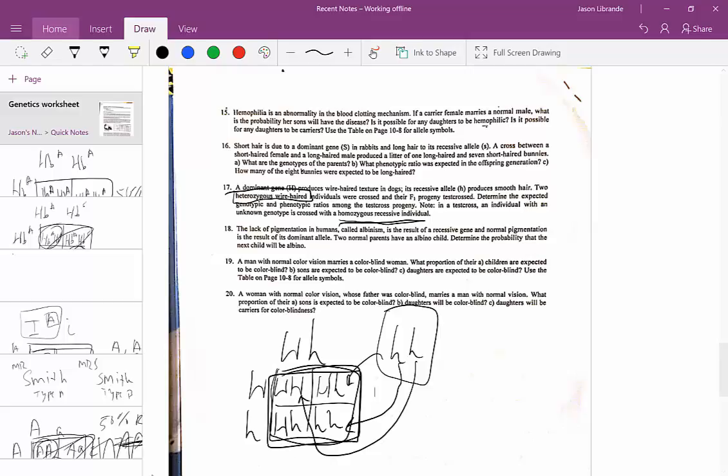So by crossing this homozygous recessive individual back to the F1 progeny, you can figure out what ratio of offspring is correct there and determine what the genotype of the parents are. So let's erase this.